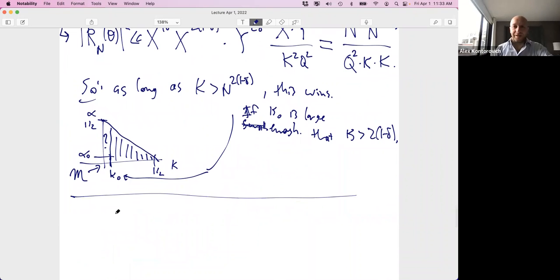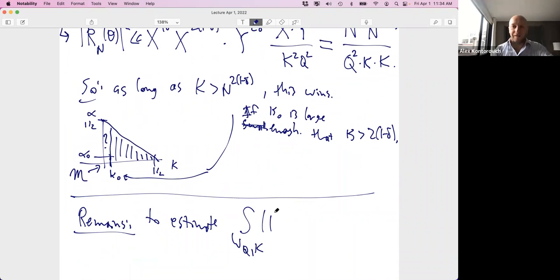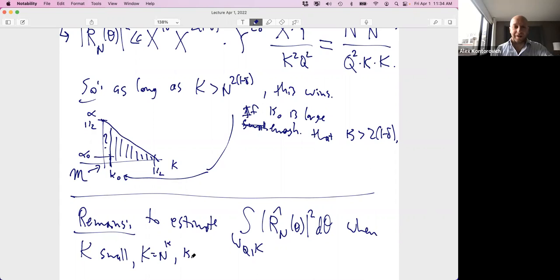What remains is to estimate the integral over WQK of R theta squared d theta when K is small, K is n to the kappa, and kappa is less than kappa 0, but Q is large, Q being n to the alpha, and alpha is bigger than alpha 0.